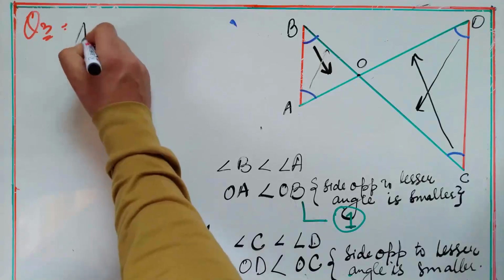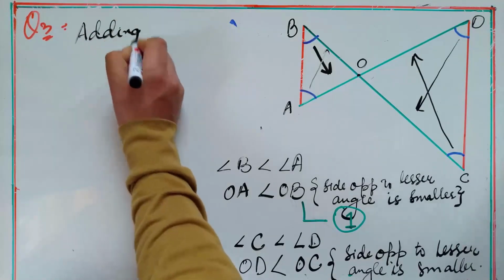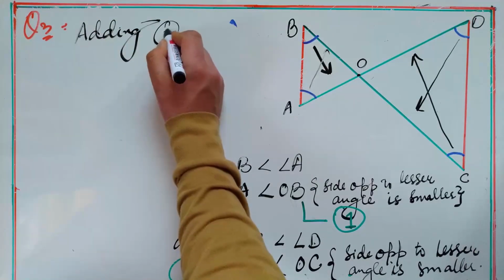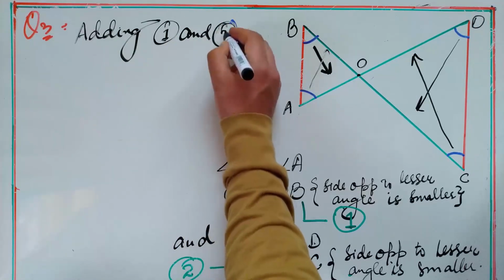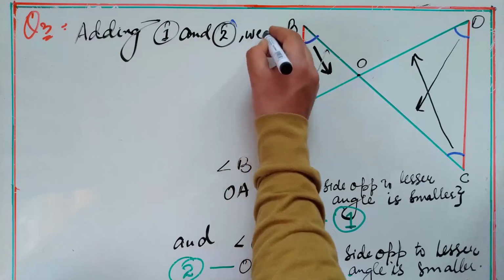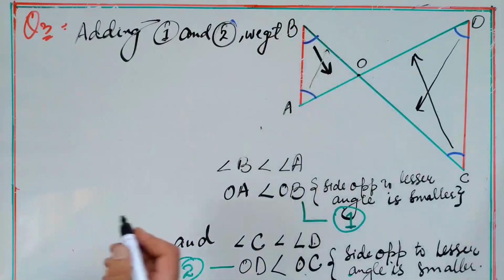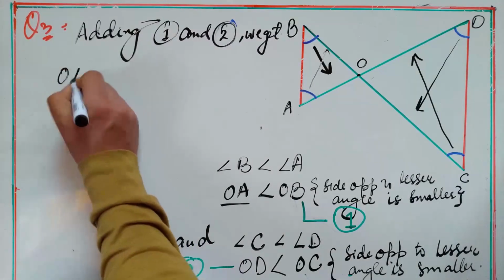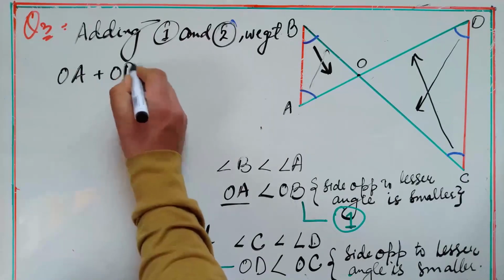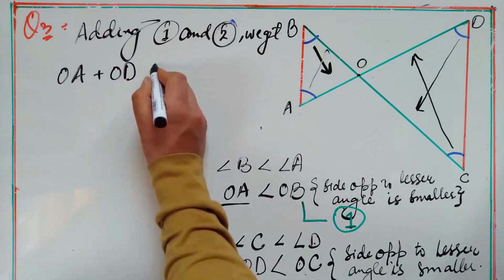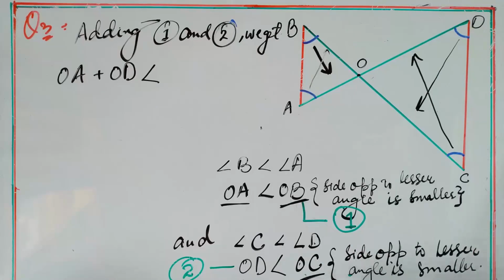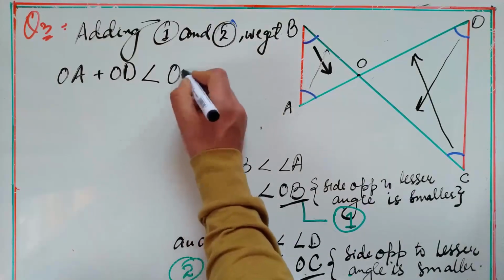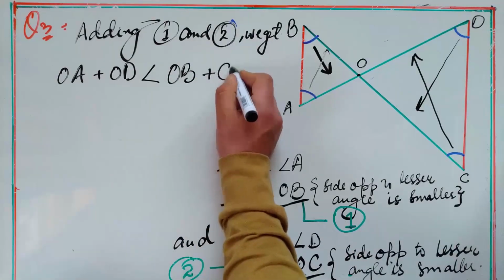So I'll write down, adding first and second, we get, OA plus OD, then the lesser than sign, and then on this side OB and OC, they will get added, so OB plus OC.